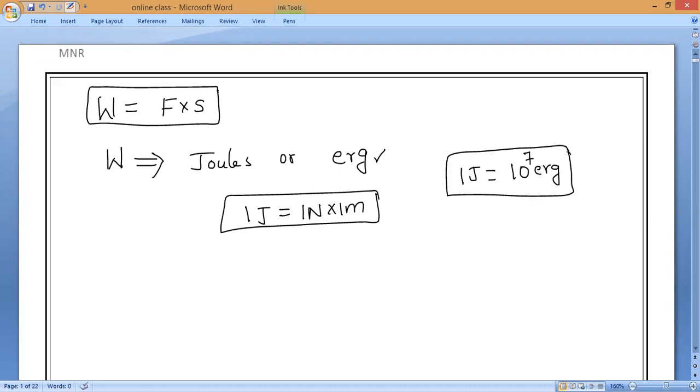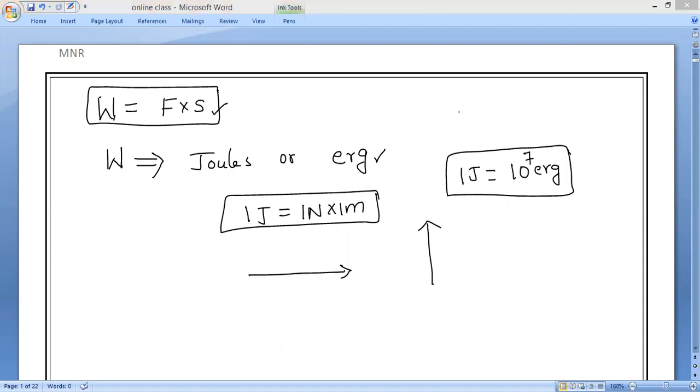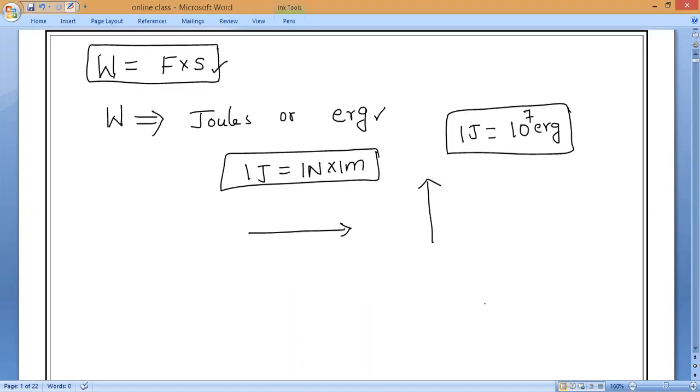Now, if we apply the force exactly parallel to the surface, like this or like this, then work done is equal to force into displacement. That is what we studied in the last classes. Now, as we know, it is not possible to apply the force exactly parallel to the surface.